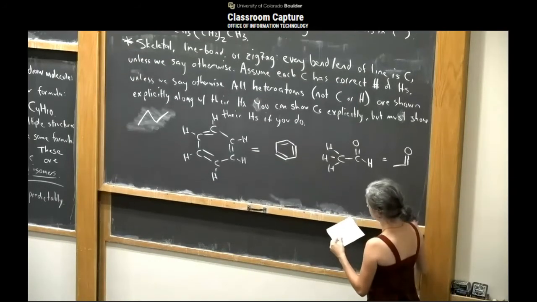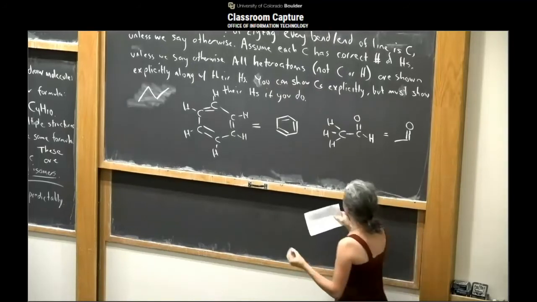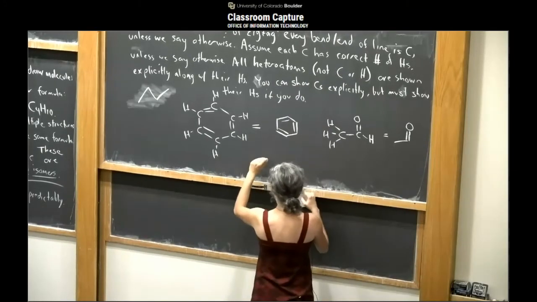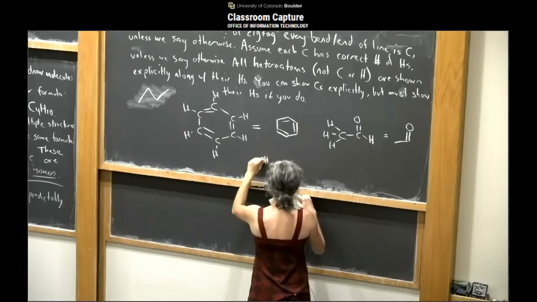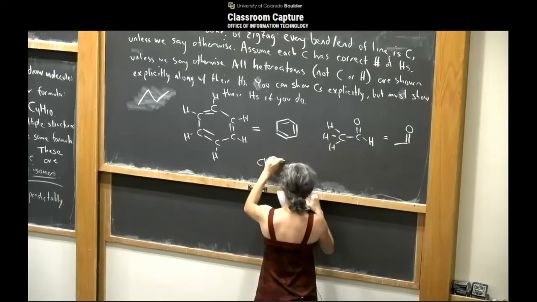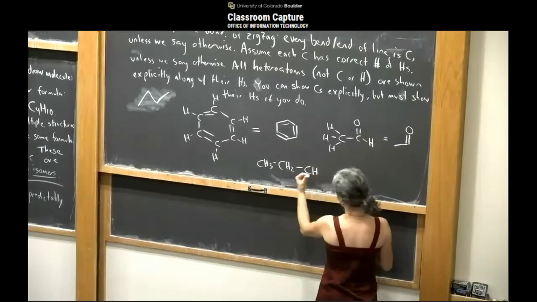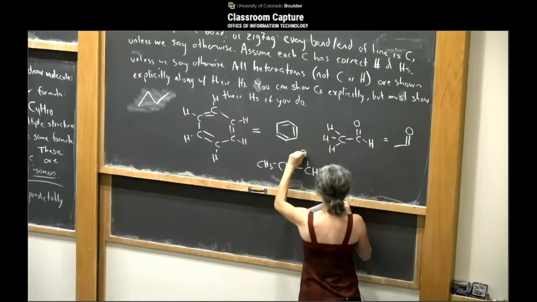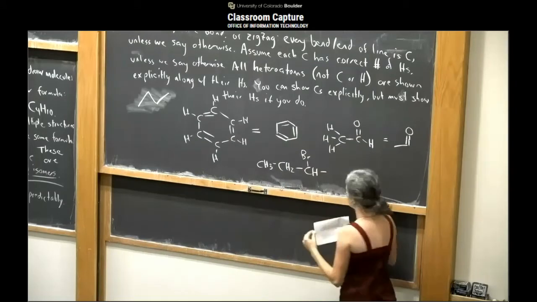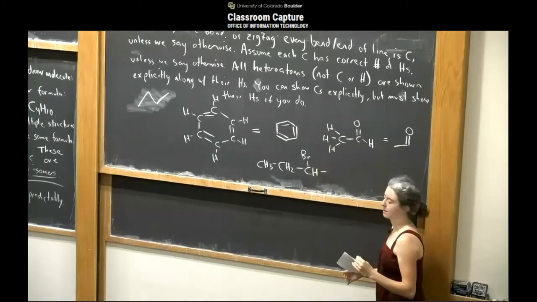Okay, so let's see, one more example. If I'm doing butane, but instead of a CH2 here, maybe it's got a CH where the last spot on this carbon has been filled with, say, a bromine atom.